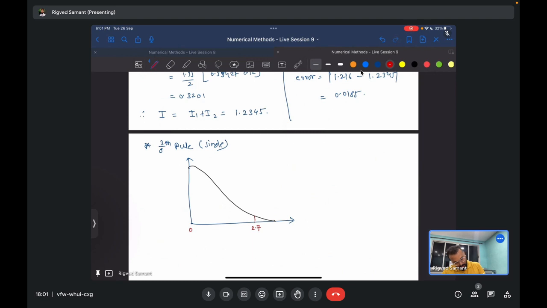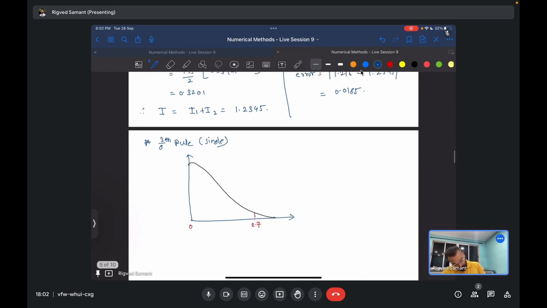Now with the 3/8 rule you have 3 equidistant intervals. So this is 0.9, 1.8 and 2.7. So this is your h1, h2, h3, all the same, equal to 0.9.